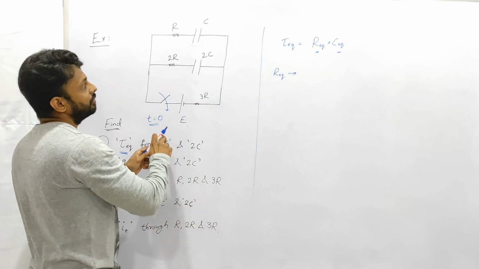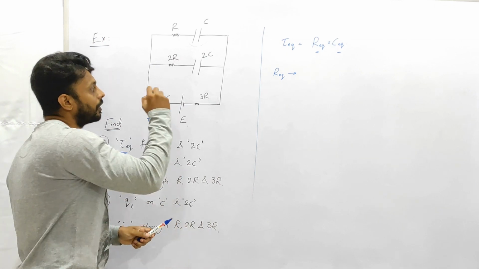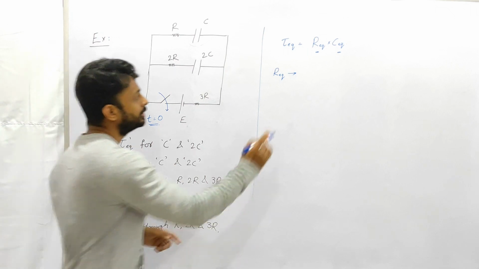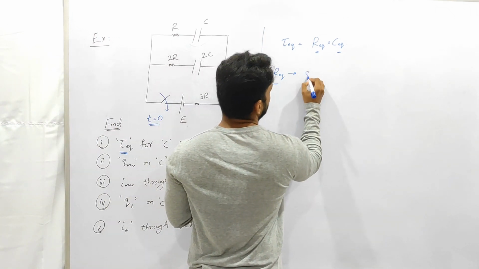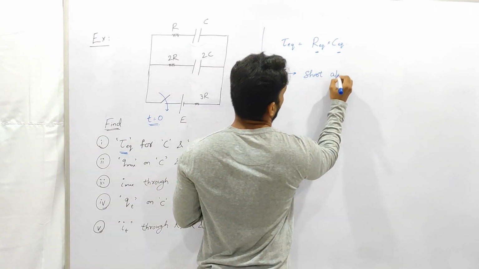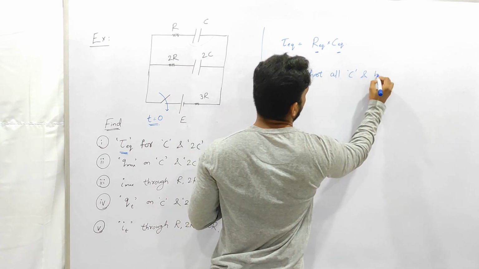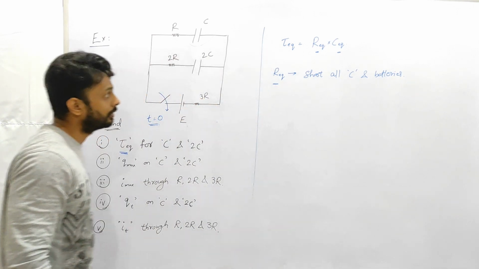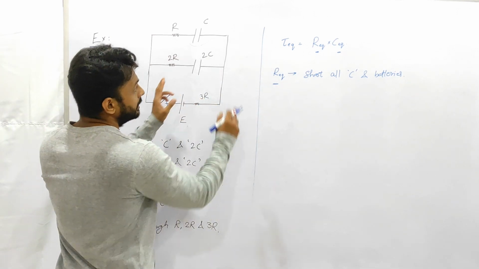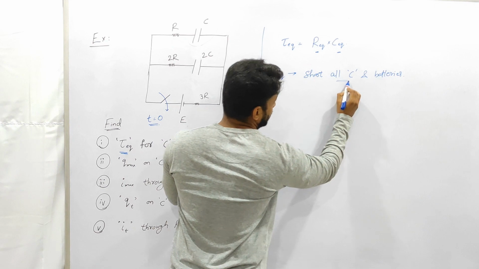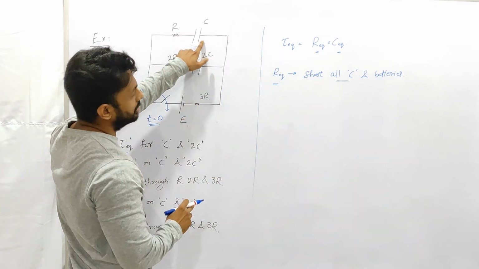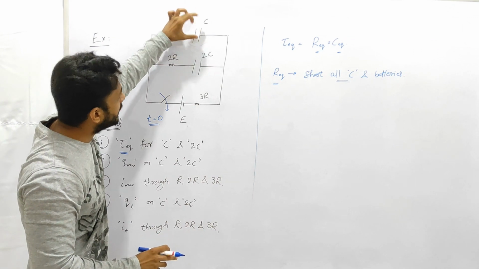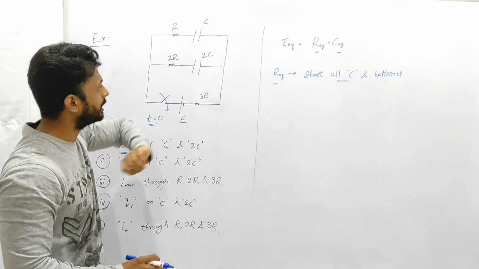To find R equivalent, we short circuit all capacitors and all batteries present in the circuit, except the required capacitor. I'm asking what is the tau equivalent for the capacitor C, so except that capacitor, short all capacitors and batteries in the circuit.